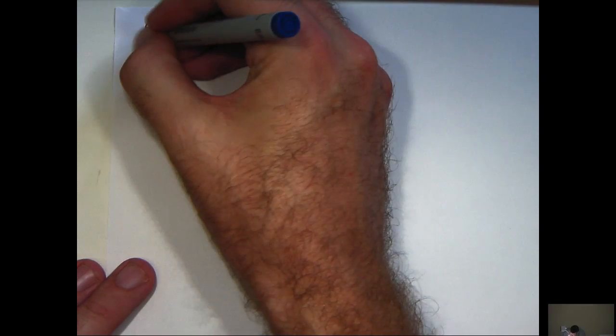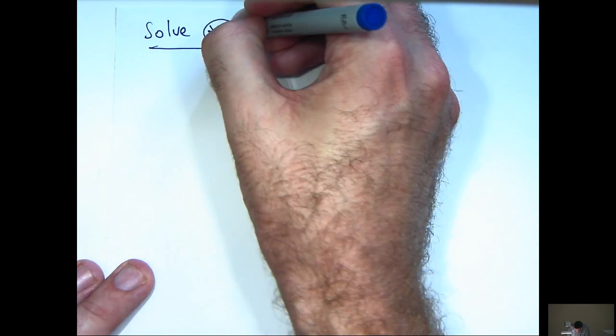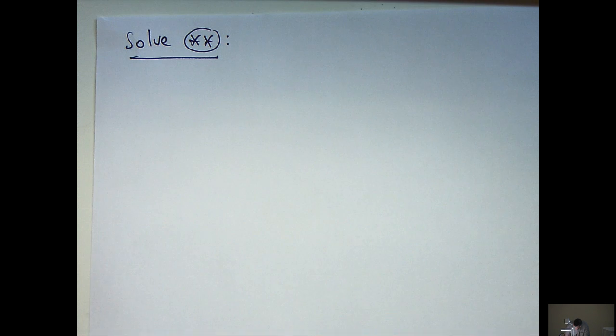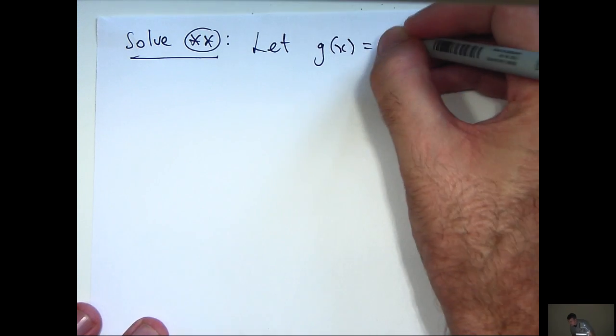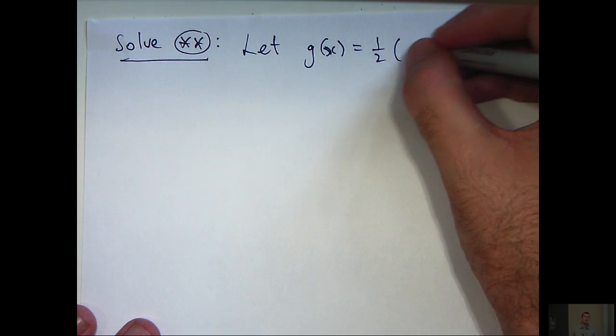So we've simplified accordingly, and what we're going to do now is the second step of the process, and that's solve the simpler inequality. Any solution to the simpler inequality will also solve our original inequality. Okay, so to do this, I'm going to let g of x be the left-hand side of double star.